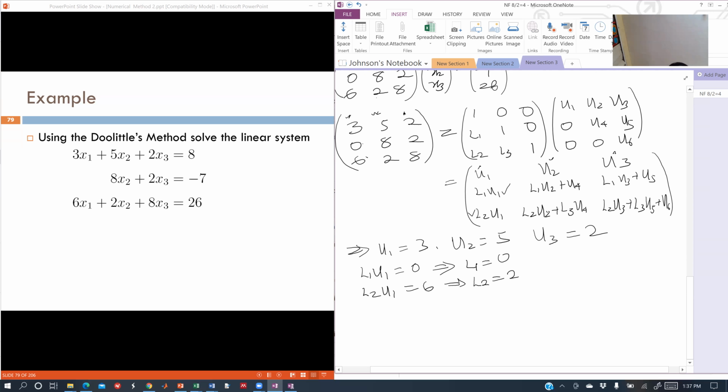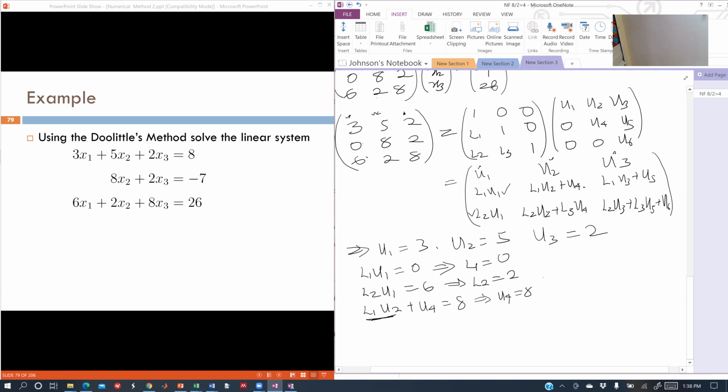So I can proceed by equating. Now I move to this term and get it as L1 U2 plus U4 is equal to 8. I know my L1 is 0, so the whole of this will go to 0, and that implies that U4 is equal to 8.